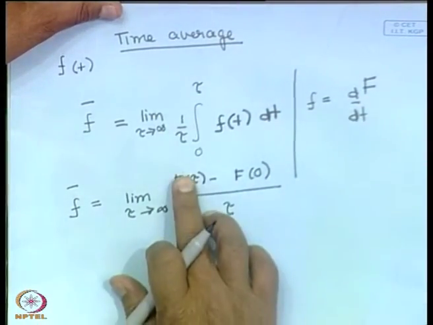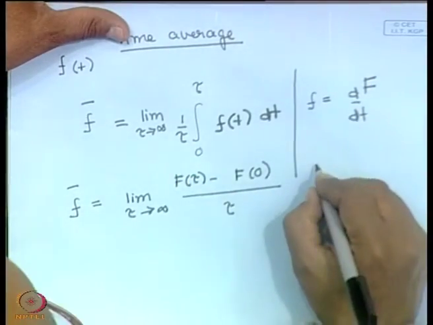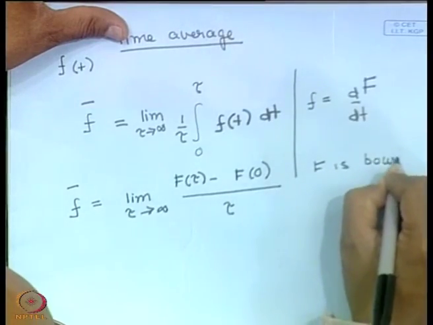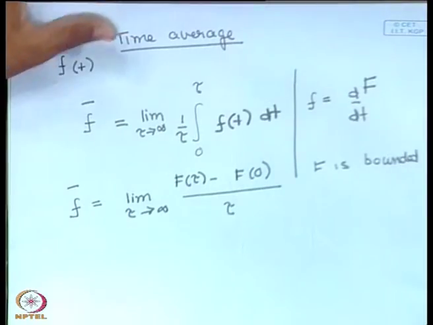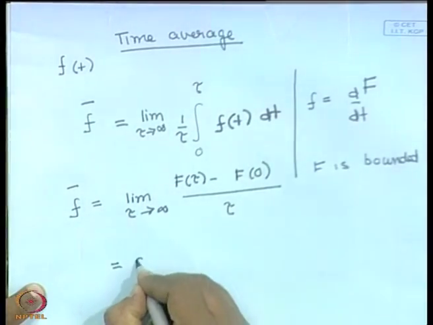and if this quantity over here, f, is bounded. So if we assume that f is bounded, its value does not blow up or become minus infinity, its value is finite and bounded, then this limit you can guess will be 0.